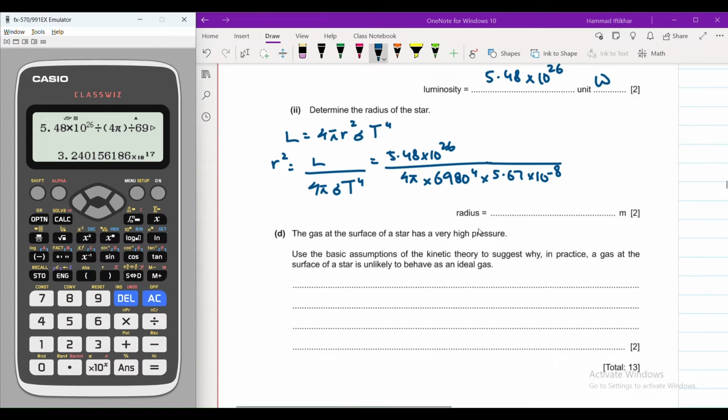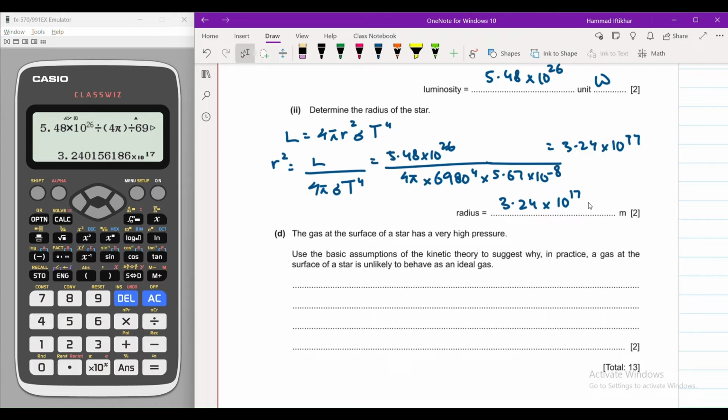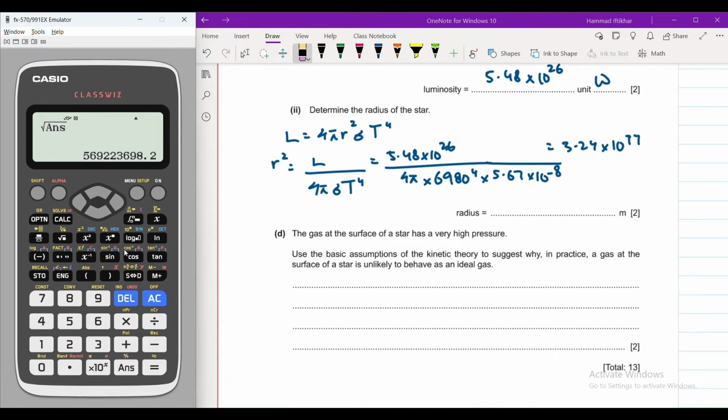So we get 3.24 times 10 raised to power 17 meters. No, sorry, this was the square, where we need to take the square root. We get 5.69 times 10 raised to power 8 meters, and 3 significant figures is also fine. Okay, all right, never mind.